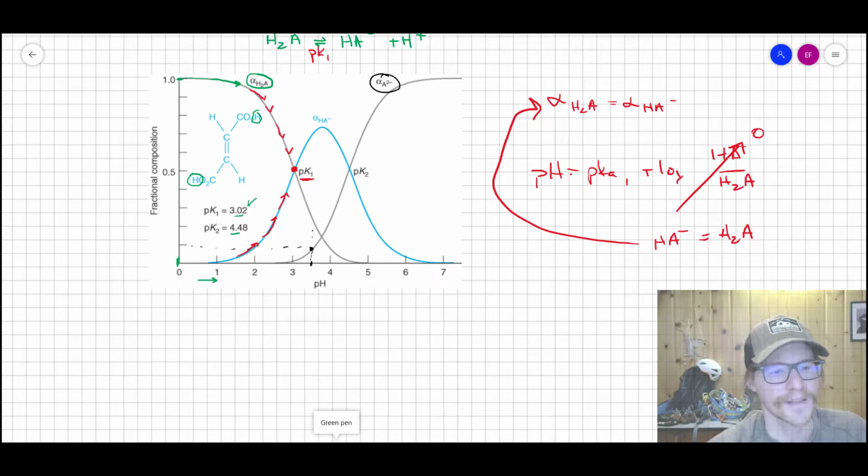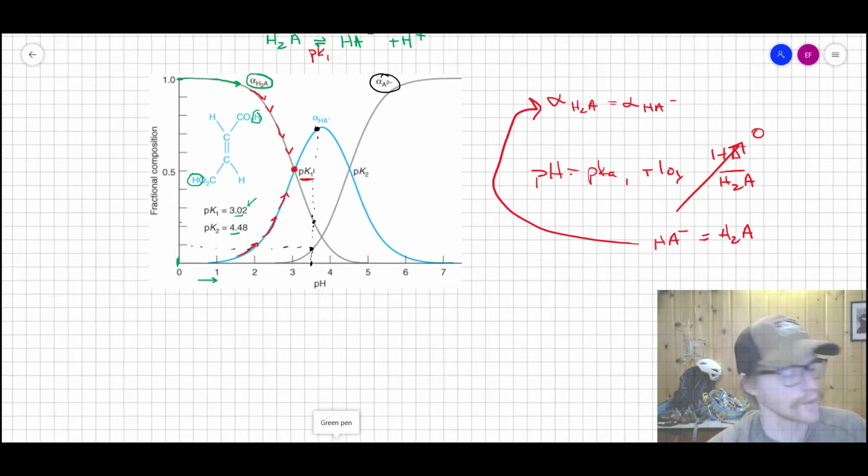I keep going up and I say, well, most of the H2A is gone, but there's still some of it. That's roughly, I don't know, 22% of the H2A. I keep going up to the blue line, and we're almost maxed out there. So we're at maybe 70, 72, 73% in the form of HA minus.